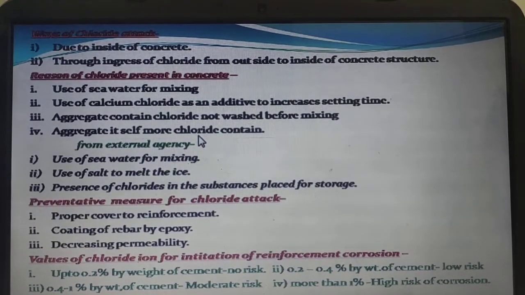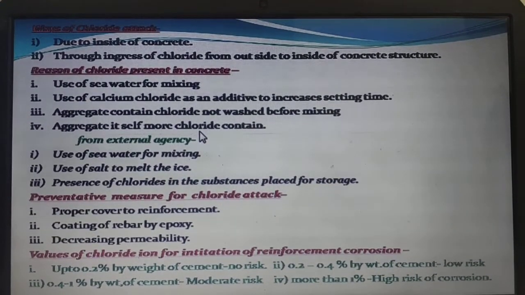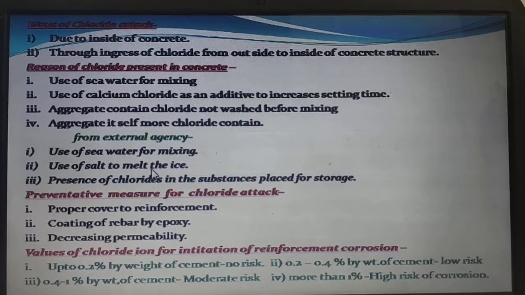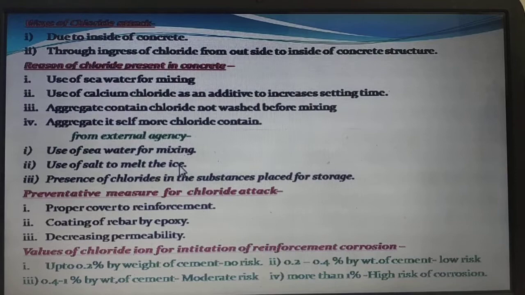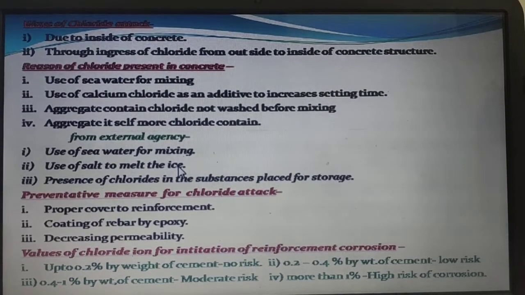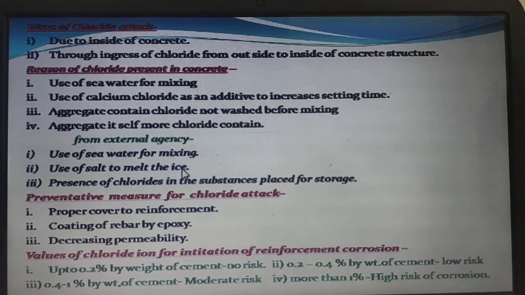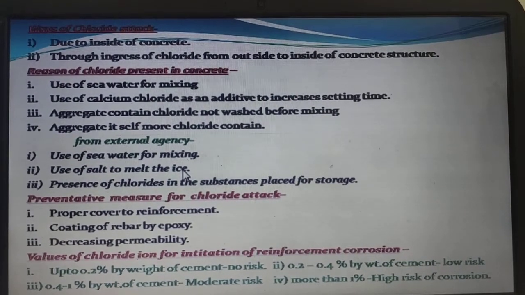There are also some sources from external agencies. One is the use of salt to melt ice, generally in cold countries. They use salt on the pavement slab to melt the ice.